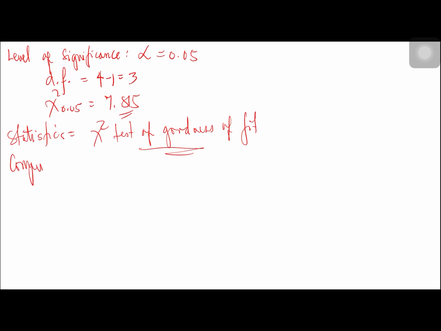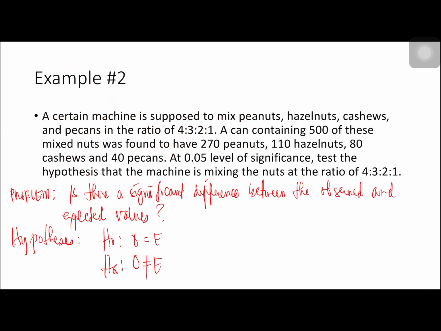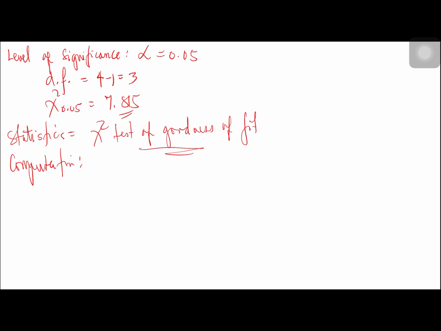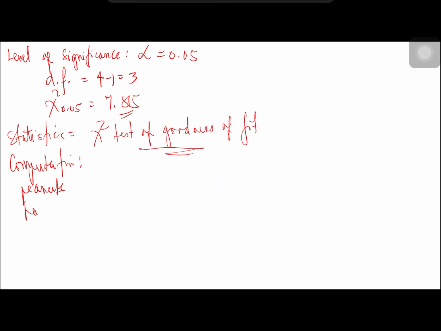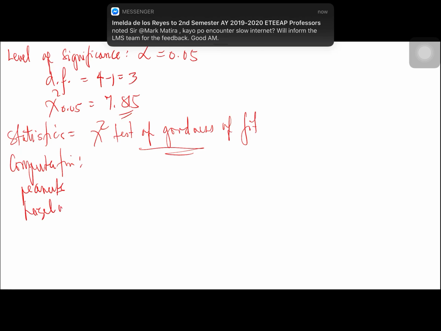Okay? So, for the computation, we have there peanuts, hazelnuts, cashews, and pecans.